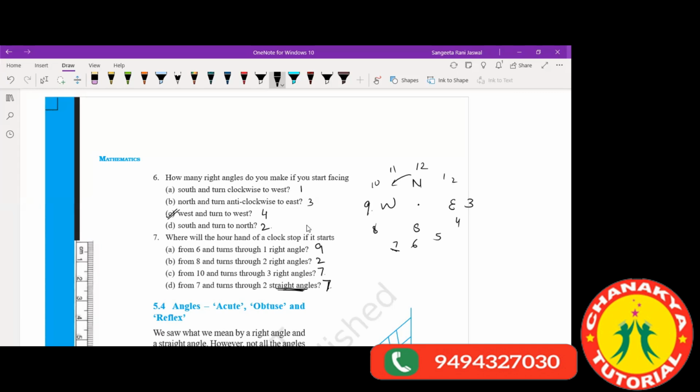Now, B part: where will the hour hand of a clock stop if it starts from 8 and turns through 2 right angles? Starting from 8, turning 2 right angles. Ma'am, 2. Okay, so that's 2.